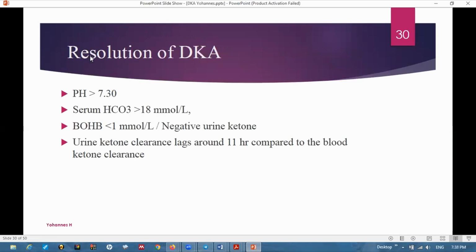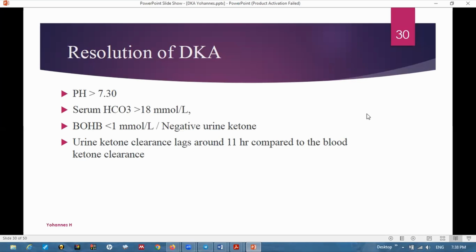Now, the resolution of DKA. We will say DKA is resolved if the pH is greater than 7.3, serum bicarbonate greater than 15, beta-hydroxybutyrate less than 1 millimole per liter, or negative urine ketone. Most of the time in our setup, the DKA may be resolved and the ketone still positive for some time, because beta-hydroxybutyrate is converted to acetoacetate.